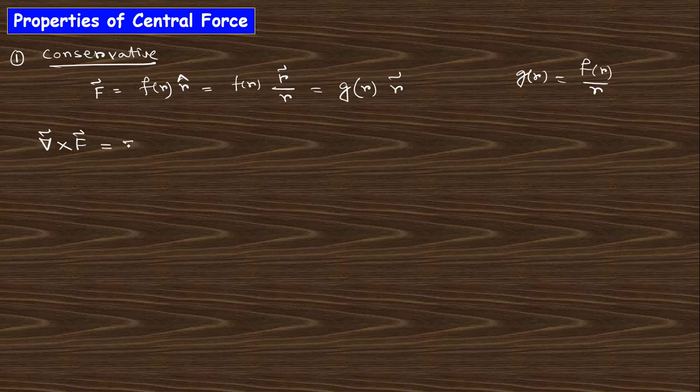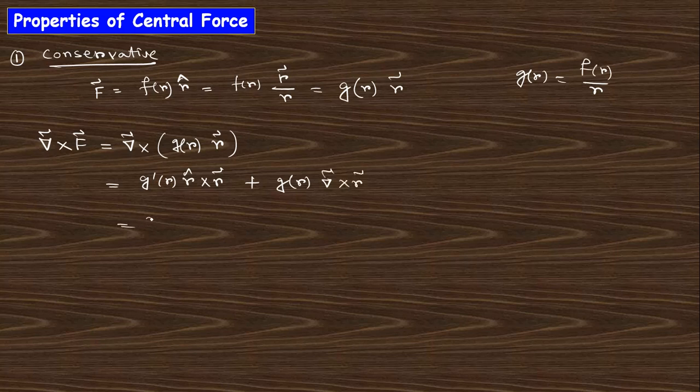So the curl of F is nothing but the curl of g of r times the r vector. This is nothing but g prime of r times r cap cross r vector, plus g of r times the curl of r.